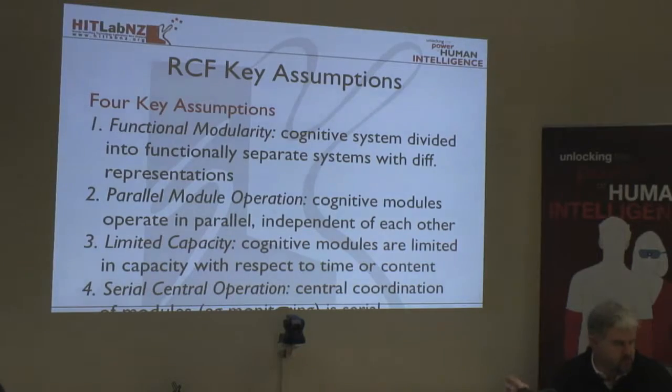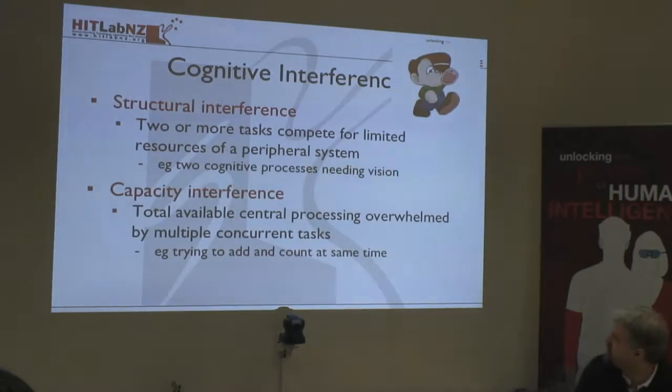So at the same time as I'm path planning, I can also be processing audio information or text information. But each of these modules has a limited capacity, so I can only do so much. And there is some sort of central control module that controls what's going on. So you may have cognitive interference where you've got two or more tasks competing for the same resources.